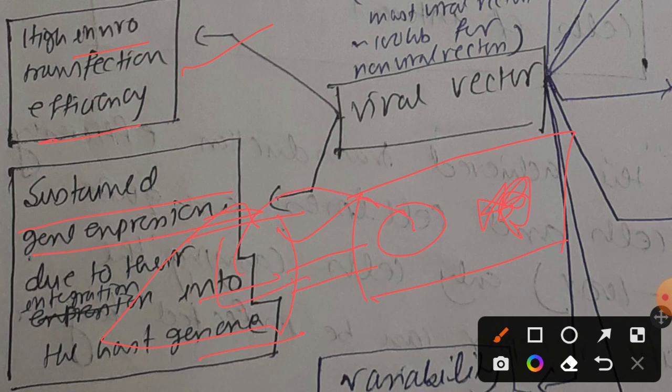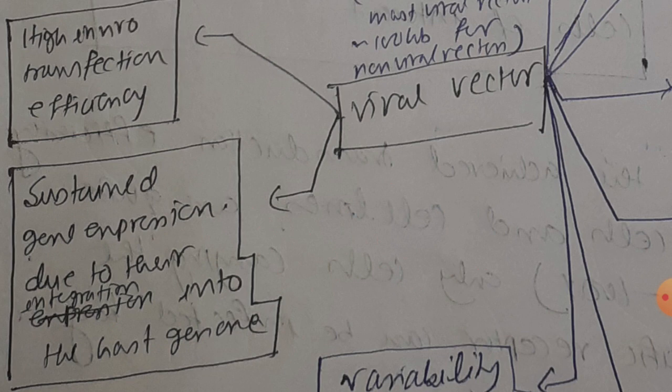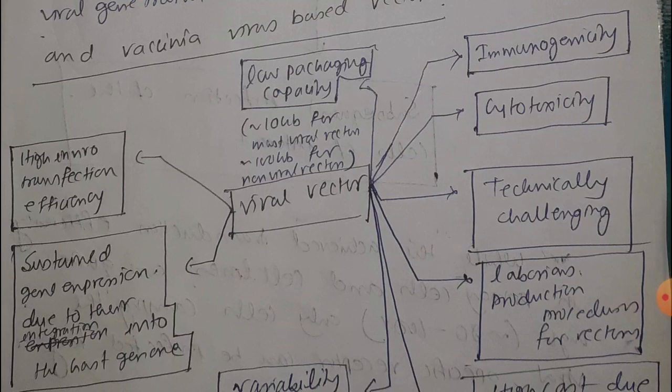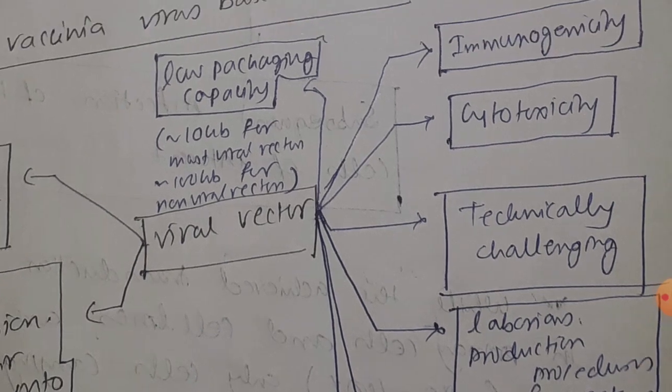That can be a problem, but a viral vector avoids that kind of situation, because here we have sustained gene expression due to integration. Those are the two important advantages: high in vivo transfection efficiency, and sustained gene expression, as the viral delivery system allows integration of the gene into the host genome.